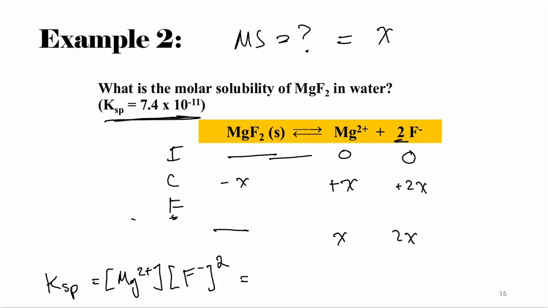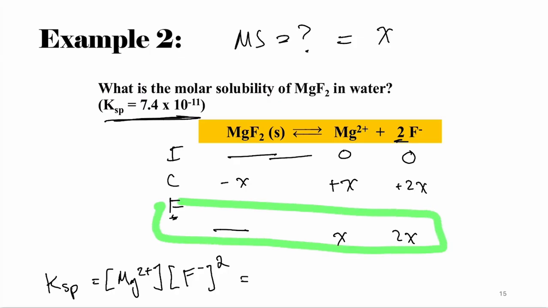In terms of x, which is our equilibrium concentrations, what is that equal to? x times 2x squared, which means, again, we get 4x to the third.